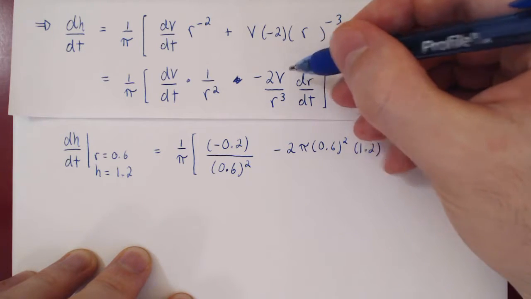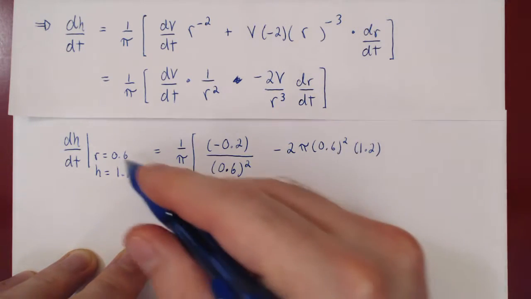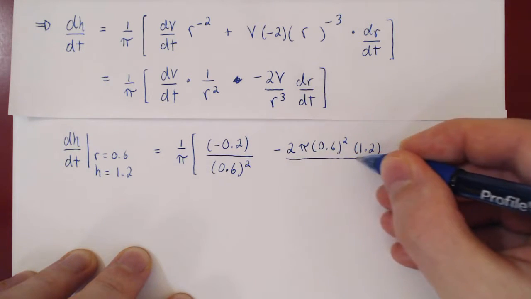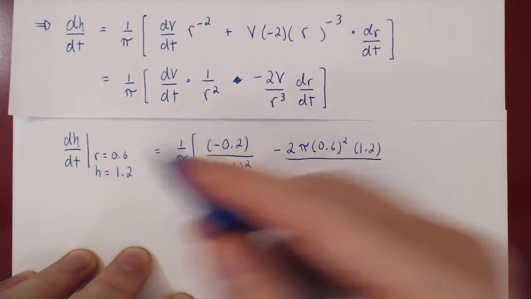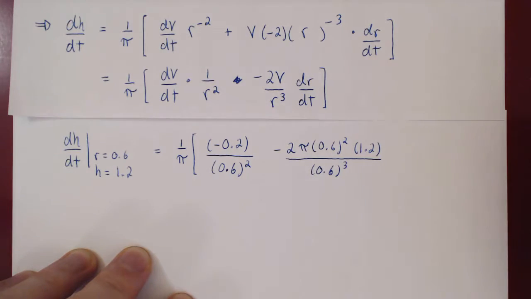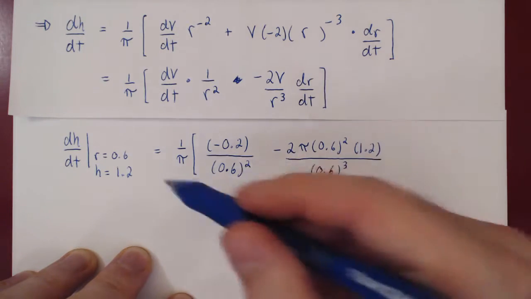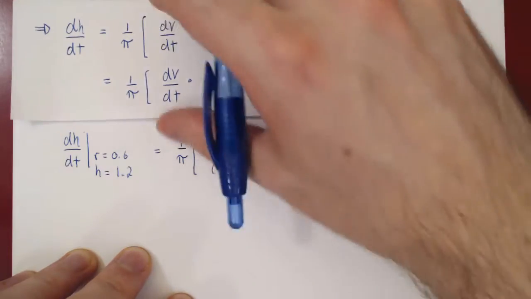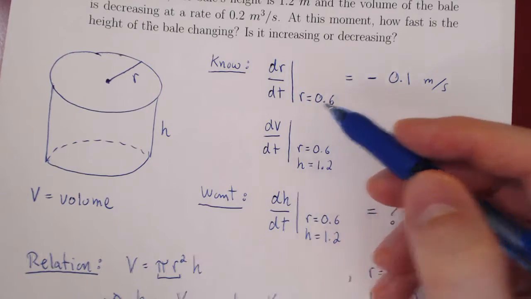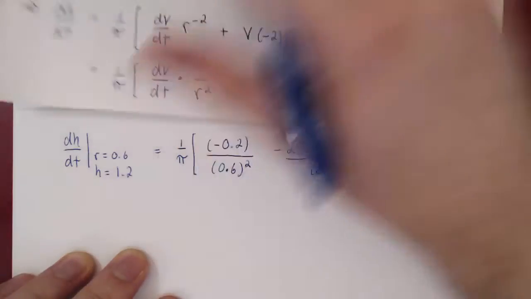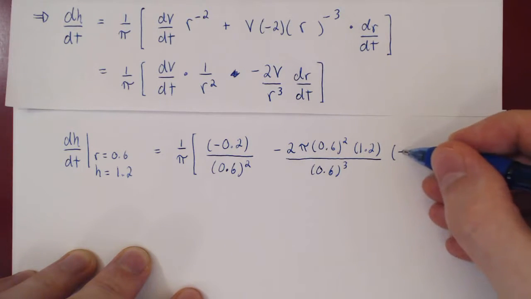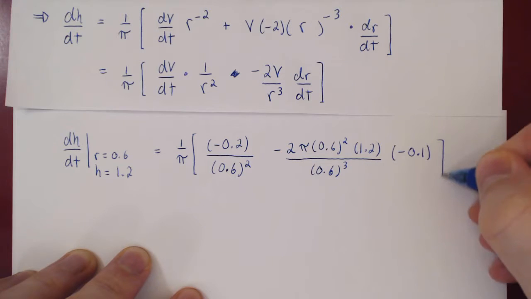And that's the volume of the cylinder when the radius is 0.6 and the height is 1.2, over r cubed, 0.6 cubed. And finally times dr over dt at this instant. Let's go back up. dr over dt at this instant was negative 0.1 meters per second. So it's times negative 0.1 meters per second.